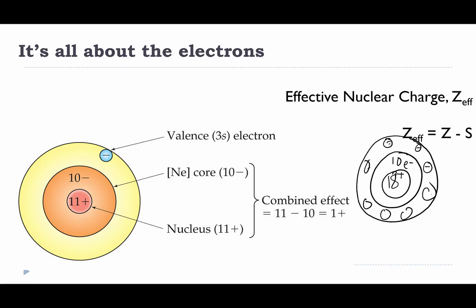Now, the magnetic interaction between 18 protons and 8 valence electrons is going to be a much stronger interaction than our 11 and 1 for sodium. So 11 and 1, a little bit attracted to each other. 18 and 8, extremely attracted to one another.